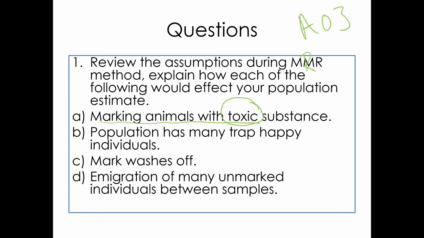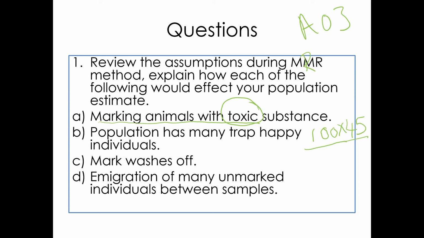Okay, so if we use the same data we just used, in the first instance we caught 100 ladybirds and we marked them with a toxic substance. In my second capture, I might still capture the same number of ladybirds, 45, but if they had that mark on them, they would have died or would be very likely to die.